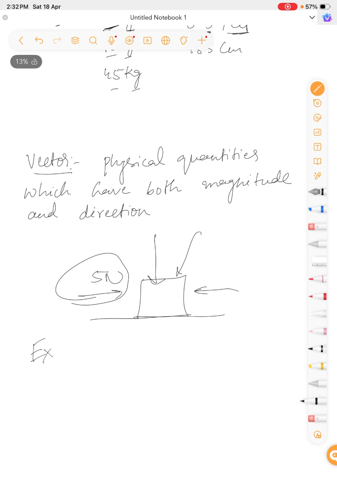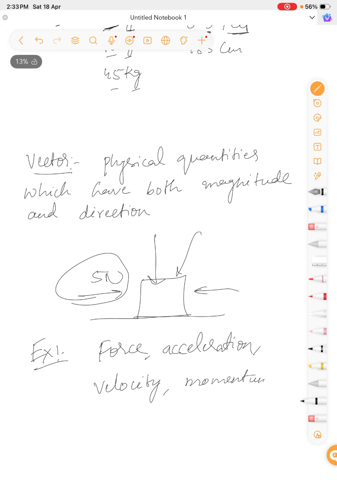Examples of vectors are force, acceleration, velocity, momentum, etc. These are some examples of vectors that we are going to learn in further classes.